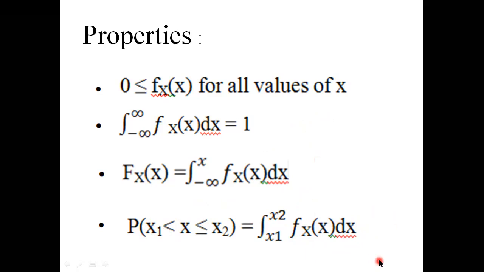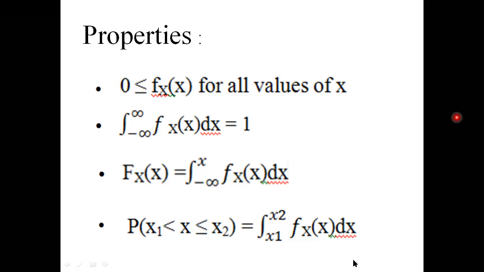In the same way, if we consider two random variables, x and y, how do we take the joint density function, that is, the joint probability density function?